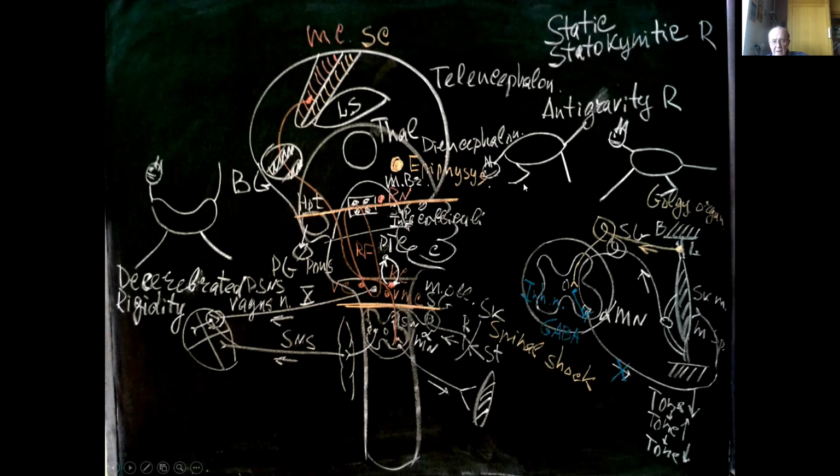This is the automatic reflexes, and the receptors of these reflexes are localized in the proprioceptors of the neck muscles and in the vestibular receptors.